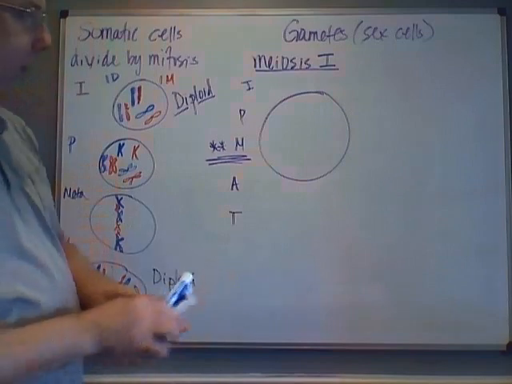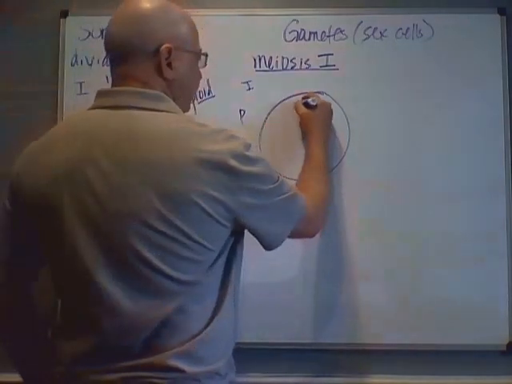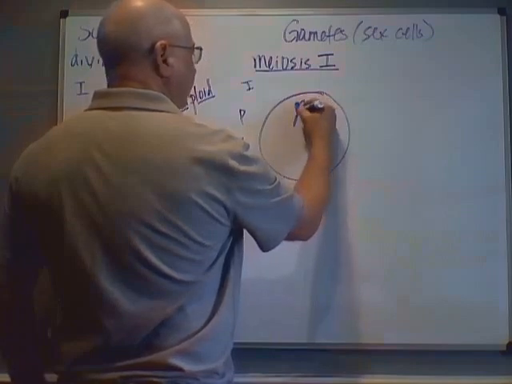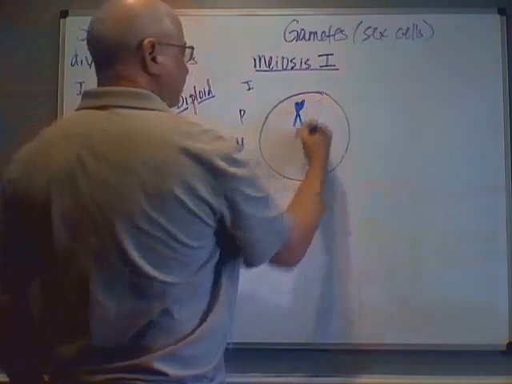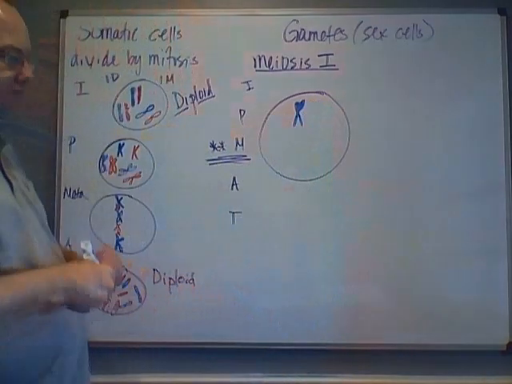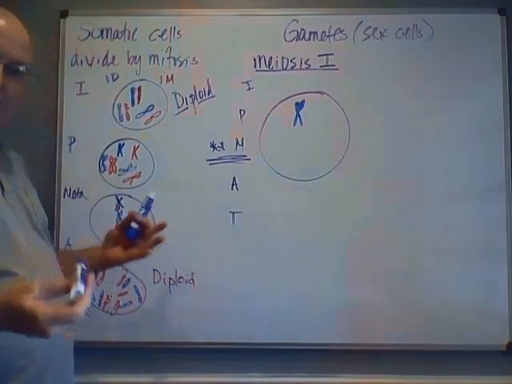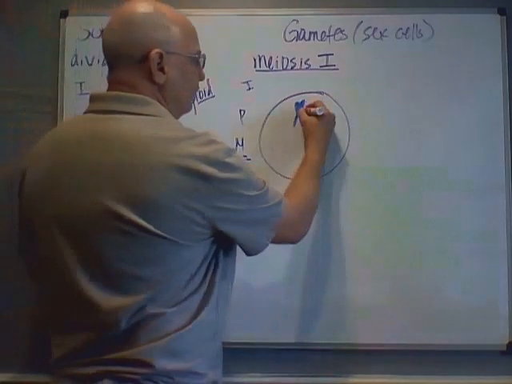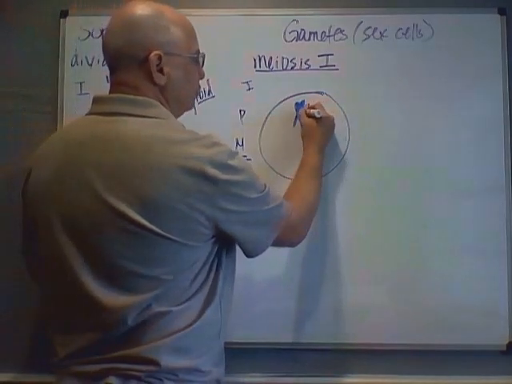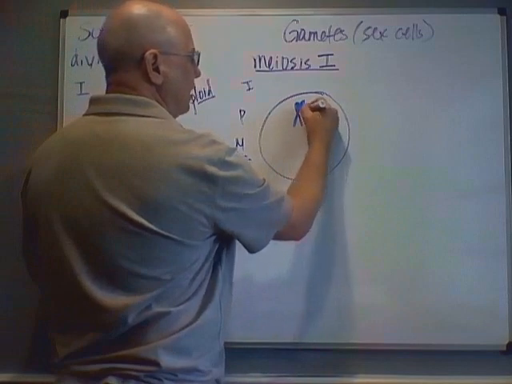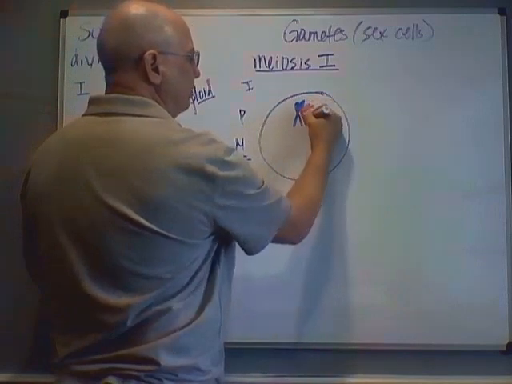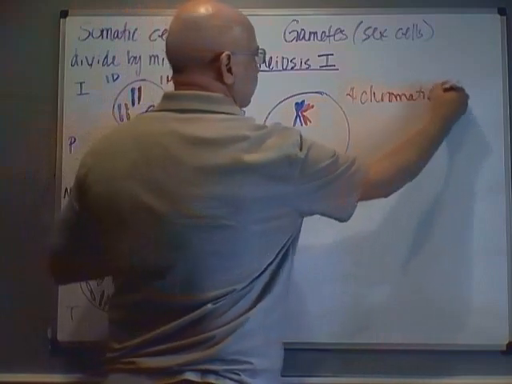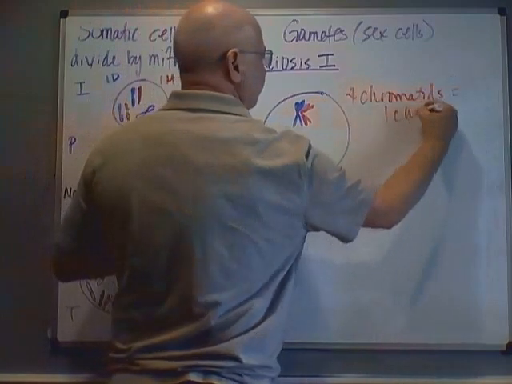So if I have chromosome number 1 from dad here, and I think I made that one a solid chromosome, and I got its little chromatids, the 2 sister chromatids, right? Well, it turns out that chromosome number 1 from mom is going to bind to the centromere for chromosome number 1 of dad, and we actually end up with 4 chromatids equals 1 chromosome.